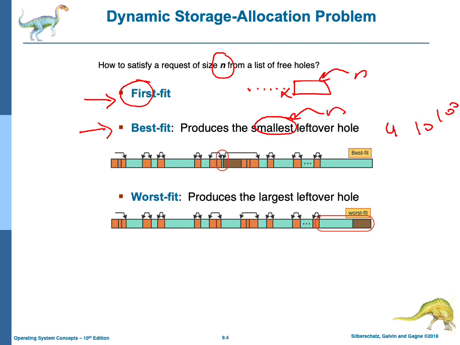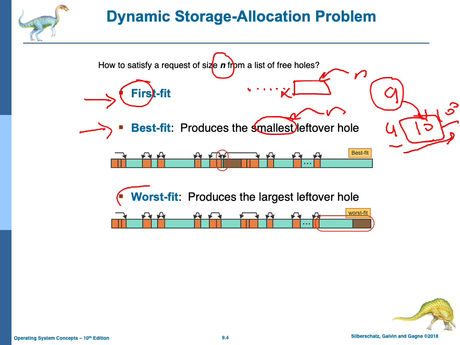Our process is of size, let's say, 9. Then the best fit algorithm will look through the entire list of free holes. It's going to find 4, 10, and 100, and it's going to pick the smallest one where process P can still fit, which is 10. Okay, so that's best fit.